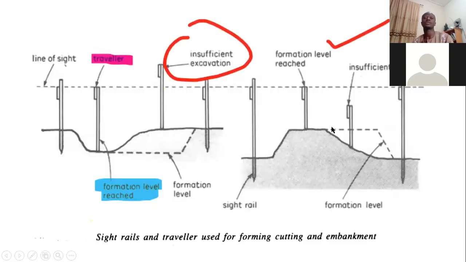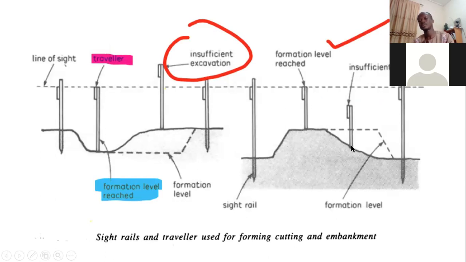So here you can see there's insufficient excavation because our traveler is too high above the line defined by the side rails. And here we are too low.